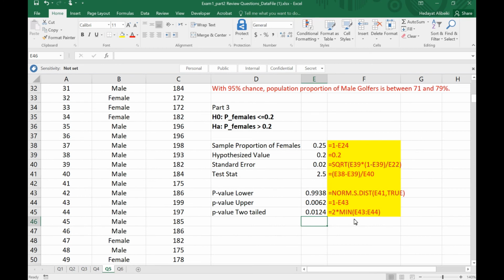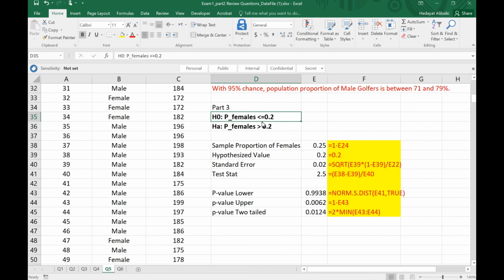Now the last step of hypothesis testing is to pick the right p-value. So this is definitely a one-tail test, and it's an upper tail test because we are rejecting at the upper tail. When we want to reject the null hypothesis statement, we take a sample.